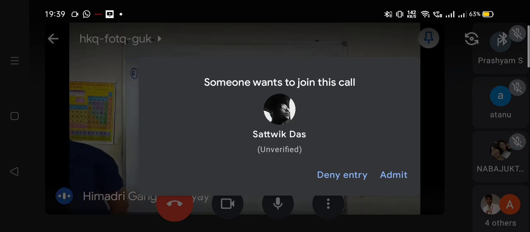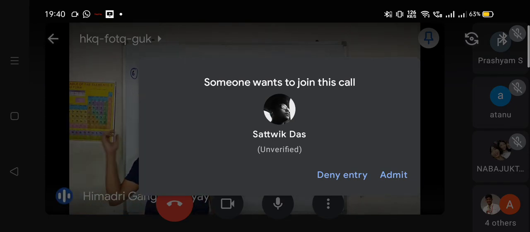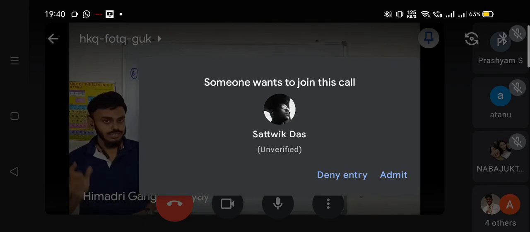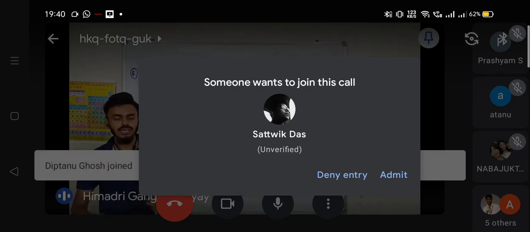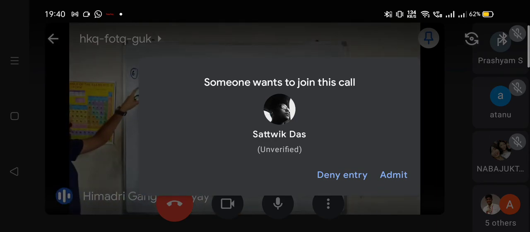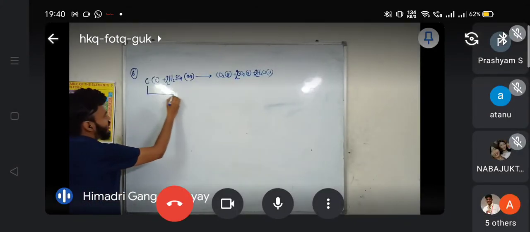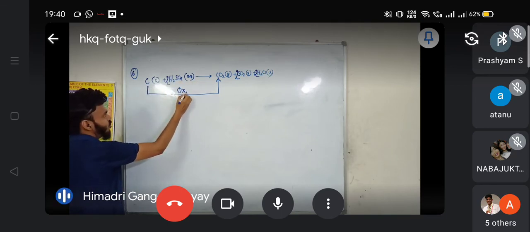Okay. So there are two concepts of oxidation and reduction that you have studied. One is the old concept, another one is the new modern concept. The old concept tells that oxidation means gain of oxygen or gain of electronegative elements like halogen, or loss of hydrogen or loss of electropositive elements like hydrogen, and reduction is the opposite: gain of hydrogen or loss of oxygen. So here according to the old concept, carbon is being converted into carbon dioxide, so gain of oxygen, therefore you have written oxidation.